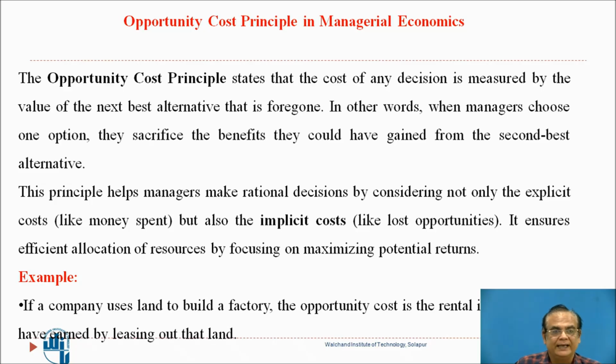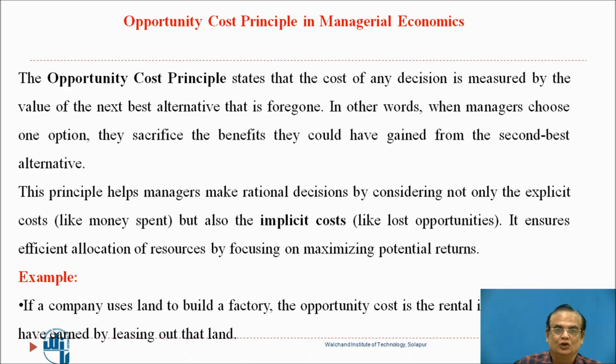Let us see the example. If a company uses land to build a factory, the rental income it would have obtained by leasing out that land is lost. This is a concept that must be taken care of while taking any decision.